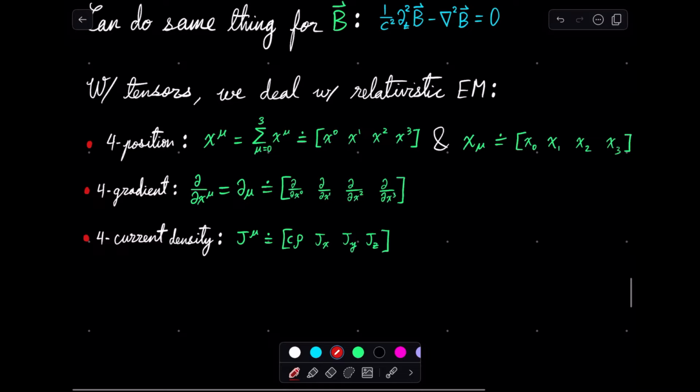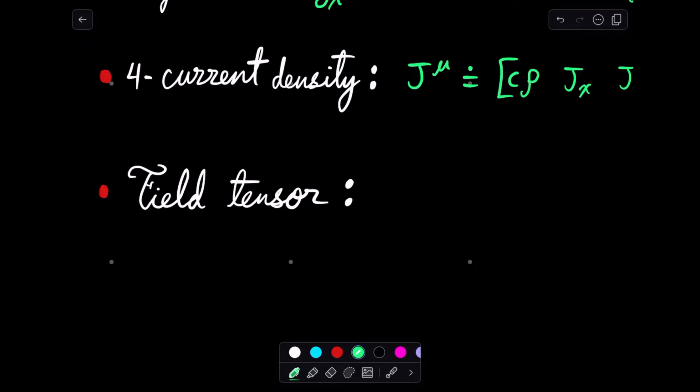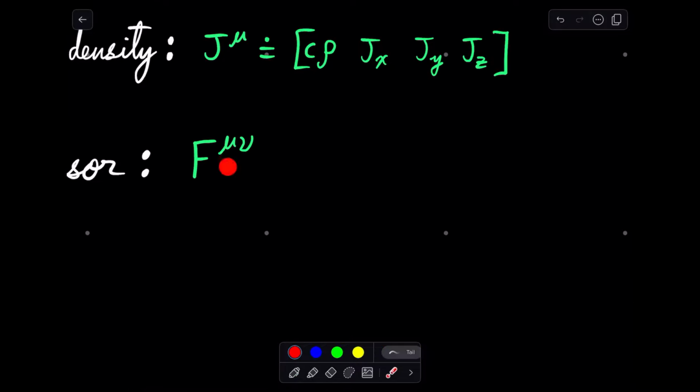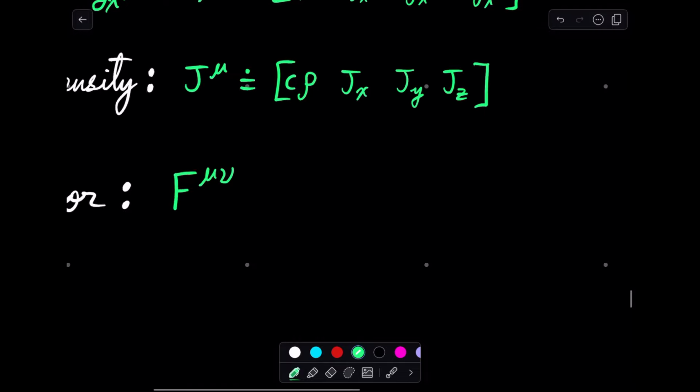Now you deal with the fields. So you have the field tensor, which is just a 4x4 matrix that deals with the electromagnetic field, both the electric components and the magnetic components. And this is written F superscript mu nu, where you're now summing over mu and nu independently of each other.